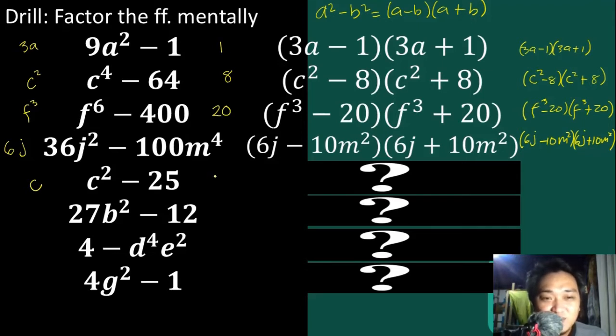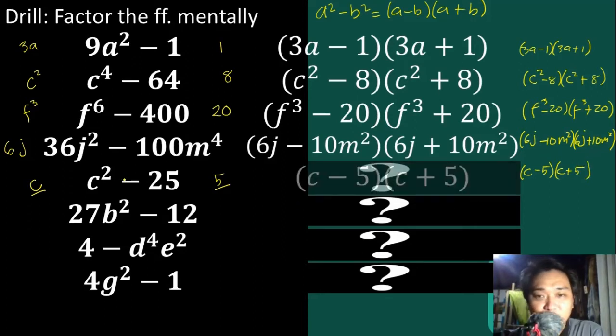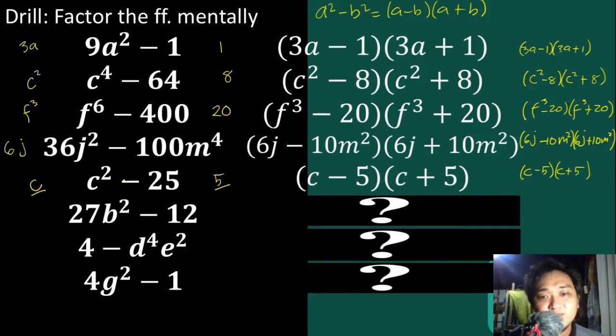The square root of 25 is 5. So, therefore, ito yung pinaka a term natin at ito naman yung ating pinaka b term. So, that will be c minus 5 times c plus 5. Check natin kung tama tayo. Ayan. So, c minus 5 times the quantity c plus 5.